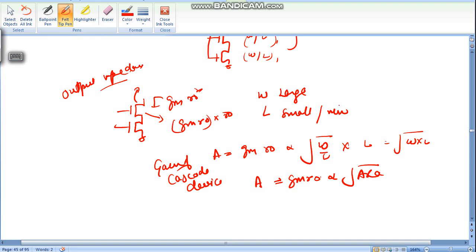So for high gain we will take large W and smaller length.